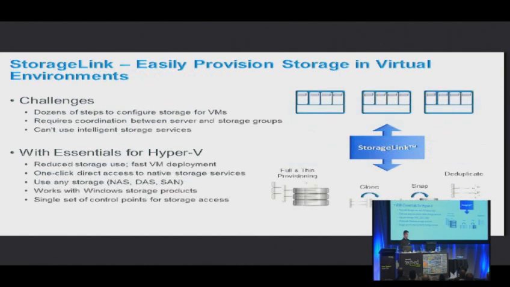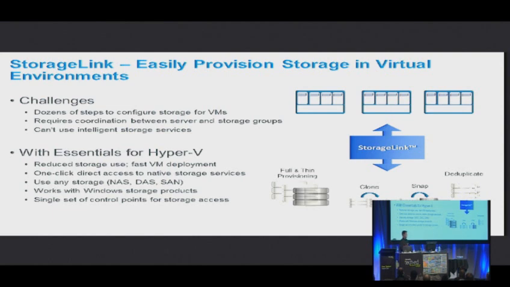But the main thing here to talk about today is obviously storage link and site recovery. The way that this actually works, and the main reason why we've developed this in conjunction with Microsoft, is to release the ability of the SAN controllers and the investment that you've made into your storage environment.